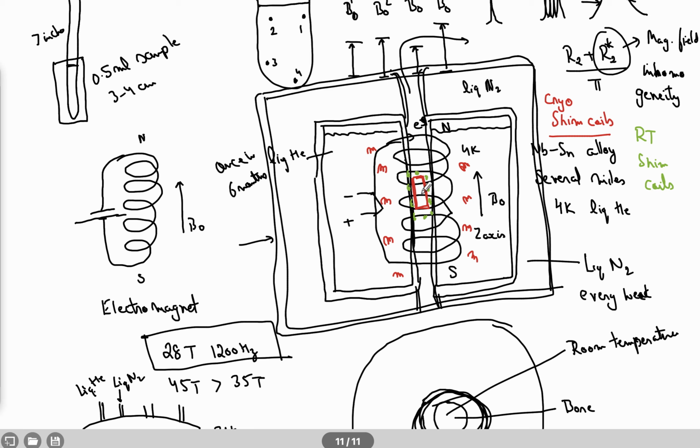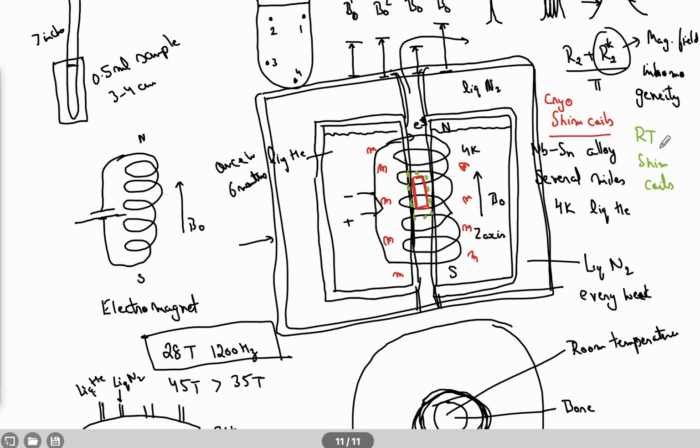So whenever you are inserting a sample, the current has to be adjusted in these coils, so that they provide additional magnetic field to again homogenize B0. So basically it nullifies the effect of the magnetic susceptibility perturbations due to the sample, and then B0 is again homogeneous. These adjustments are done whenever a sample is inserted.